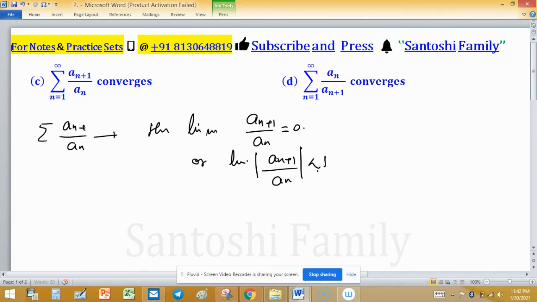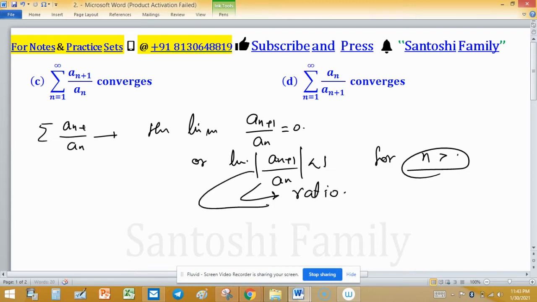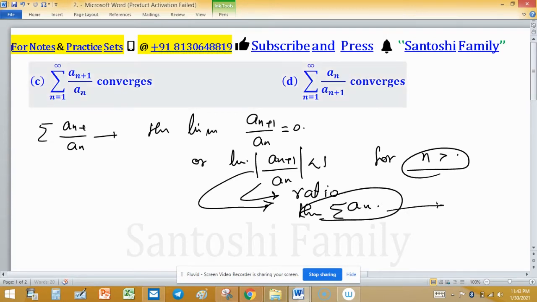We can say less than 1 because if this limit is 0, it means the ratio is going to be 0 for sufficiently large n. And this is the condition by the ratio test. If any series is convergent, then this condition should be fulfilled. Meaning if we have this, then we can say this series is convergent. So option C is nothing but the ratio test.